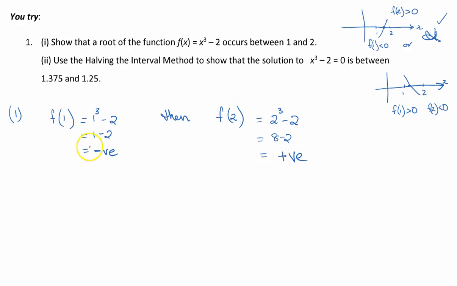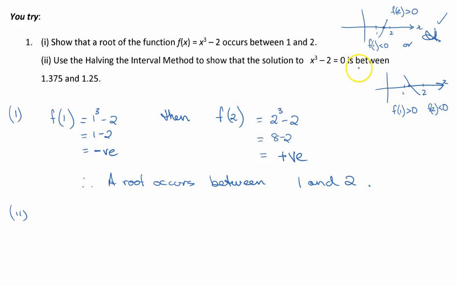So we know that the y values have gone from a negative value to a positive value, therefore a root occurs between 1 and 2.